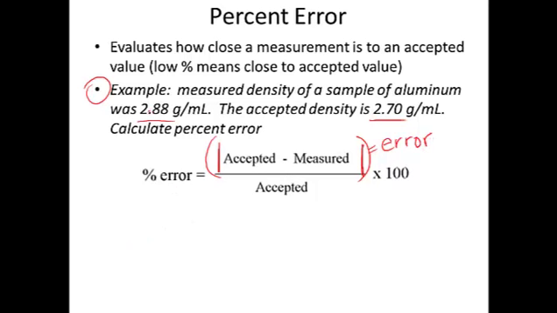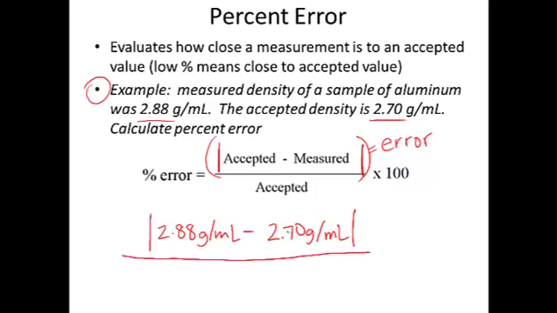So the difference between 2.8 and 2.7, it doesn't matter which one's bigger here, just how far apart they are, which is, of course, if you subtract that, 0.1. You divide it by the accepted value, which is 2.7. It's what it's supposed to be.